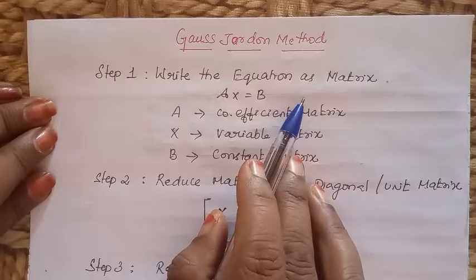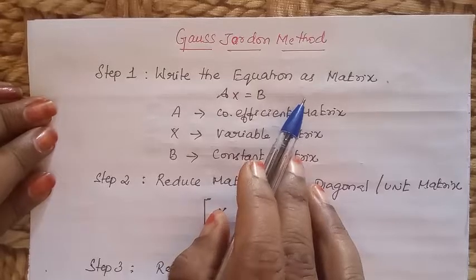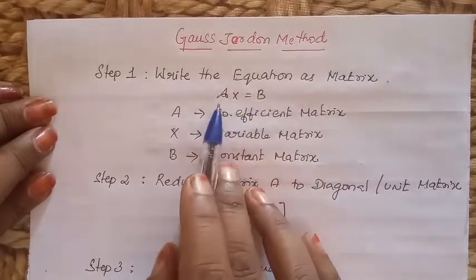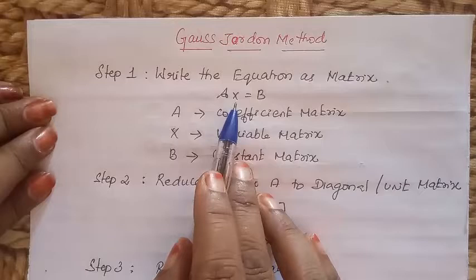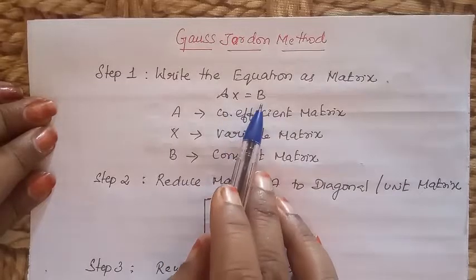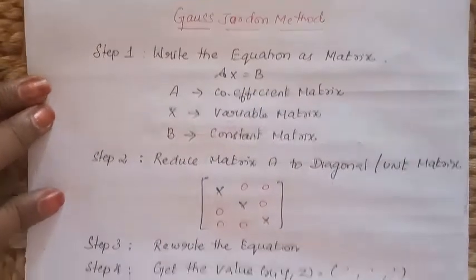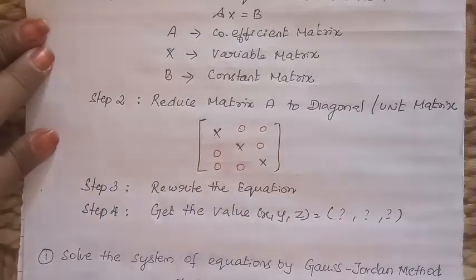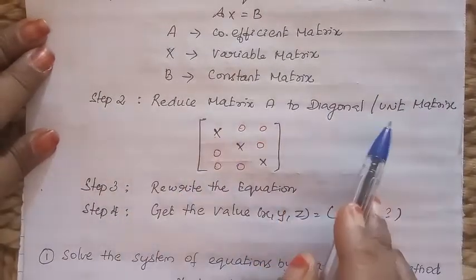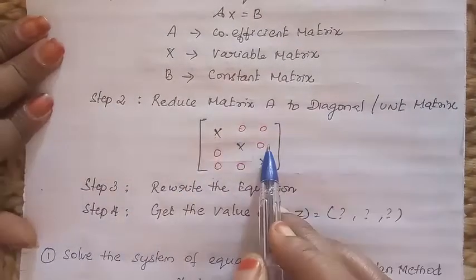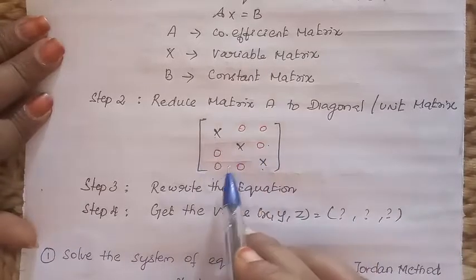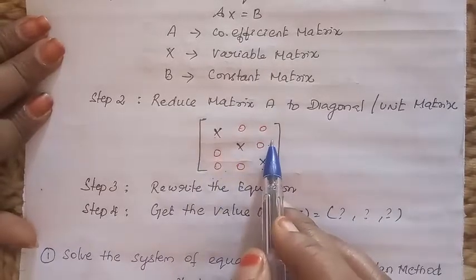The given equation should be written in the form of a matrix, which is Ax equal to B, where A is the coefficient matrix, X is the variable matrix, and B is the constant matrix. After writing the equation as a matrix, we have to reduce the matrix A to a diagonal or unit matrix, which means that the elements below the diagonal and above the diagonal should be 0.